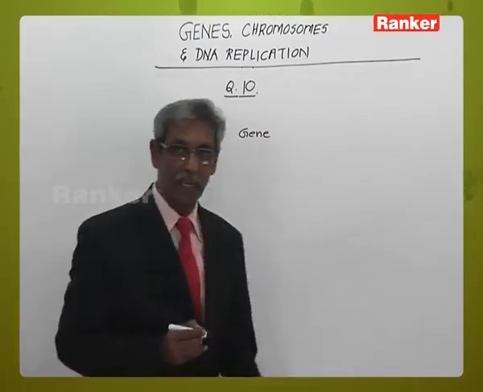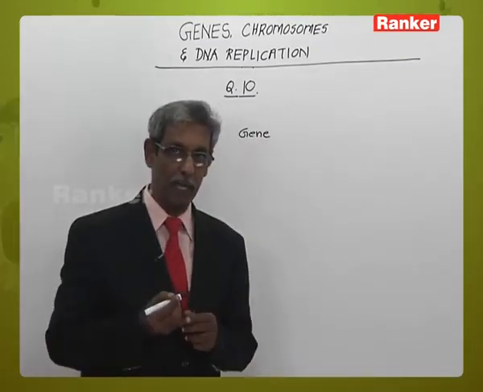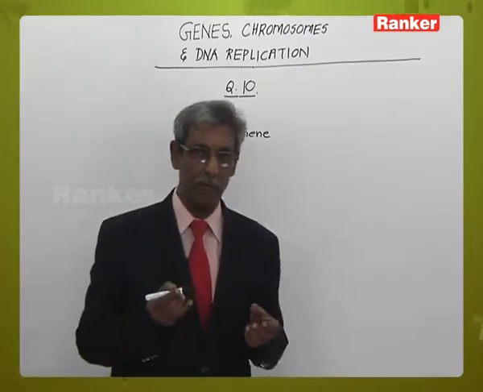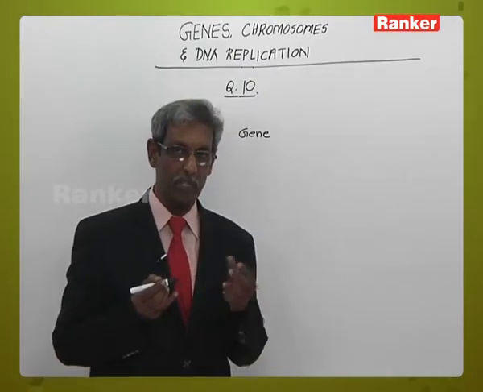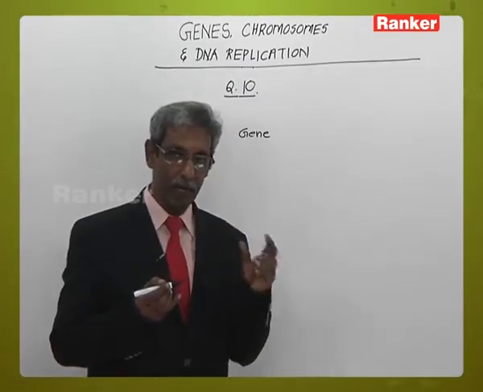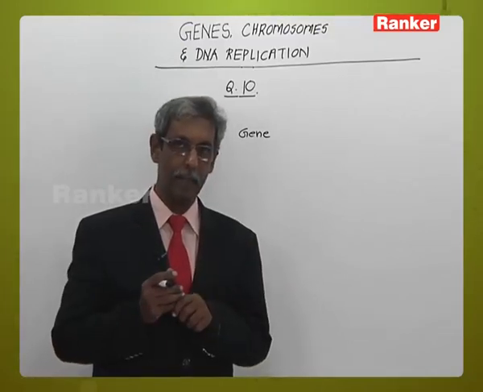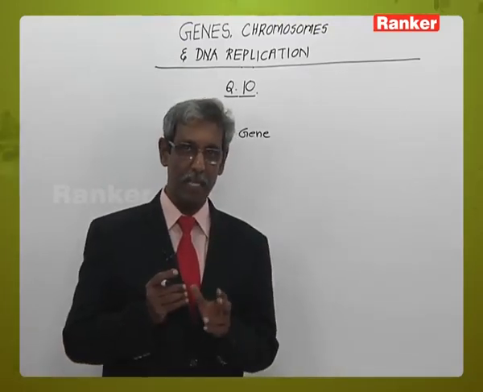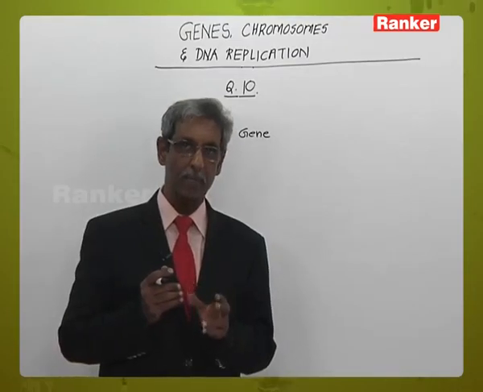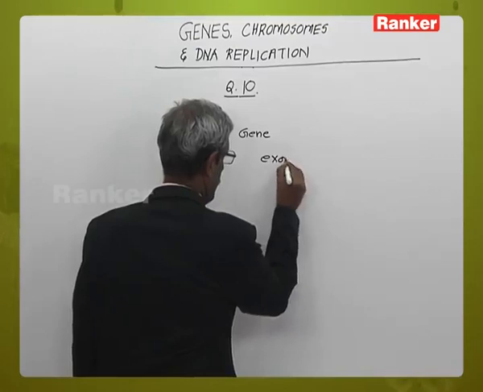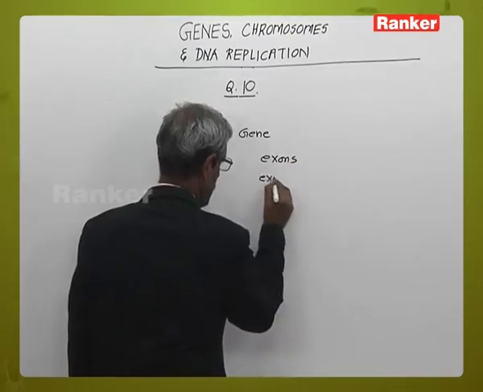When you take a gene, the term gene refers to a sequence of nucleotides, and in the sequence of nucleotides which constitutes the gene, you require an operator gene as well as a regulator gene. Many times in genes we have sequences which express, which are termed as exons. Exons are expression sequences.